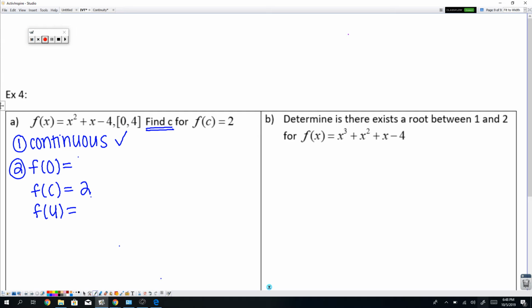And then I'm going to just plug it in. So it's going to go 0 squared plus 0 minus 4, which is negative 4. And then I'm going to do 4 squared plus 4 minus 4, which is 16. So that means that this does occur. Okay? So it asks us to find C. So I'm going to say IVT says it does happen.